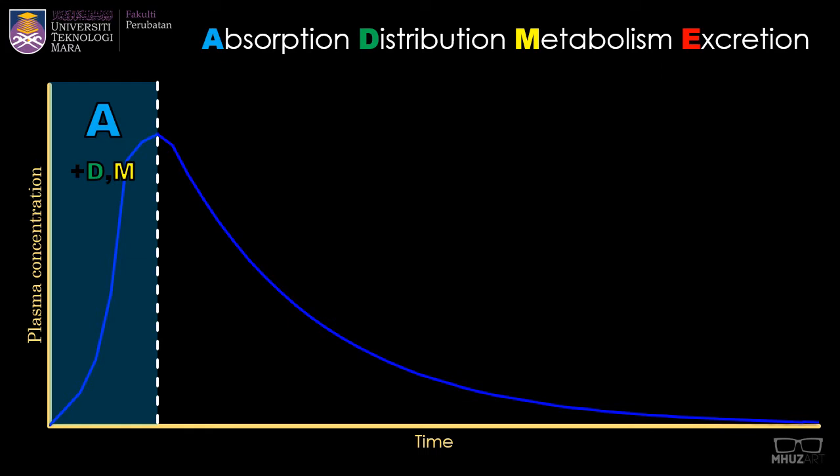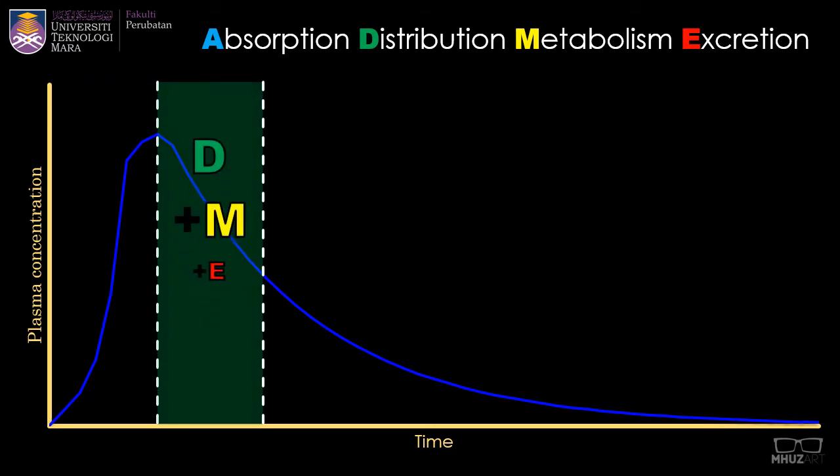Of course, the majority of the increase here is due to absorption, but at the same time, as the drug is being absorbed into the systemic circulation, the processes of distribution and metabolism have already started, and that is evident when you see the plasma concentration rounding out before it reaches the maximum.